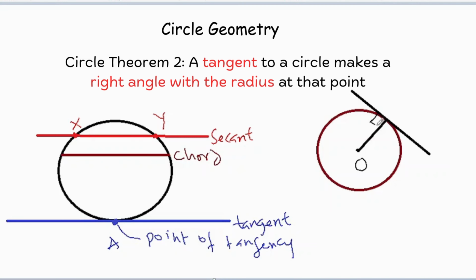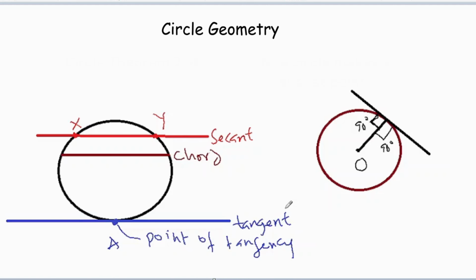And here we have it. This is 90 degrees. Here's also 90 degrees. And that confirms that the sum of angles on a straight line is 180 degrees. Now we're going to use this theorem to solve some questions.